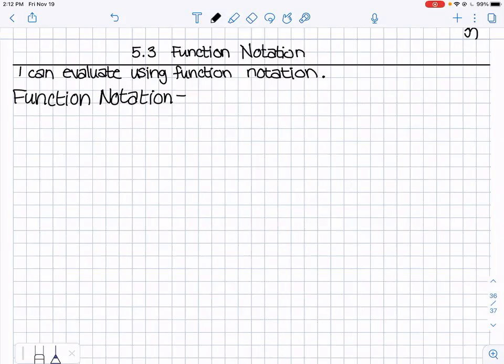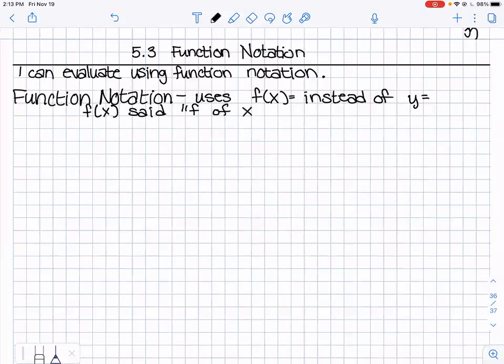Okay, so function notation just uses f of x instead of writing y equals. Instead of y equals 2x plus 3, now it's f of x equals 2x plus 3. That's the only major difference here, people. When you write this, you say whatever letter, f, of whatever letter's in the parentheses, usually x.